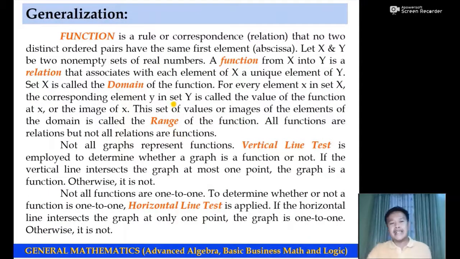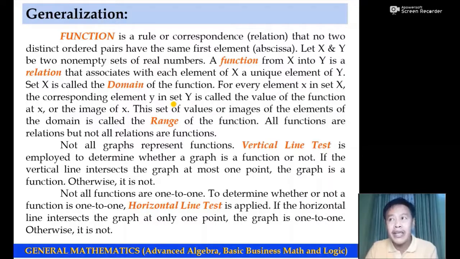Now, generalization. Function is also a relation, but relation is not a function. Function is a relation in which no two ordered pairs have the same abscissa. In other words, the abscissas must be uniquely paired with any element in the range.